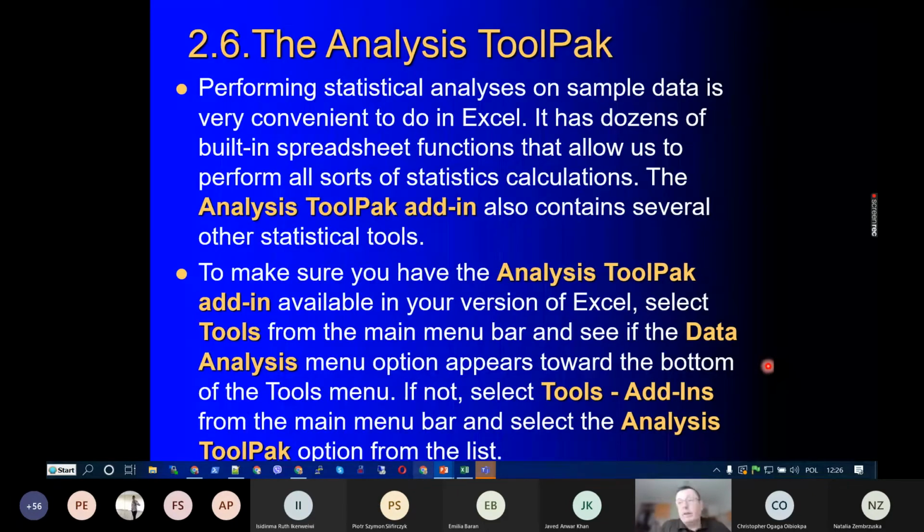Okay, so that's the minimal required theory, and here is a technical tool that could help us. As is obvious from the previous part, all hypothesis testing methods are represented as formulas in statistical textbooks.